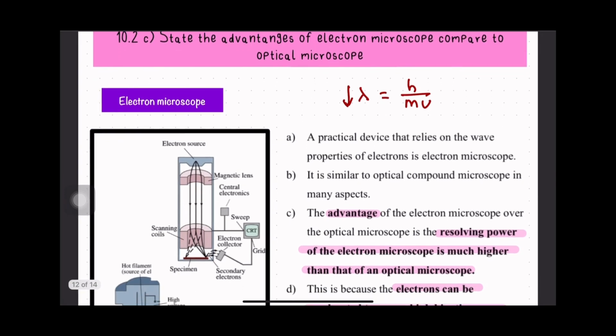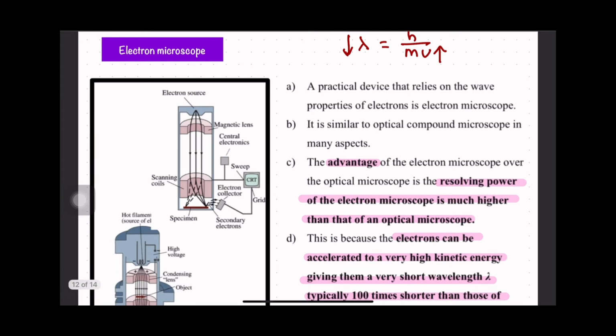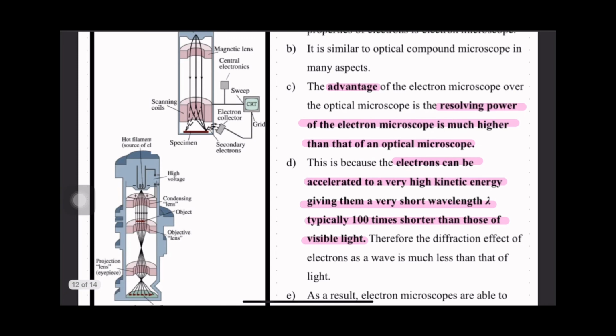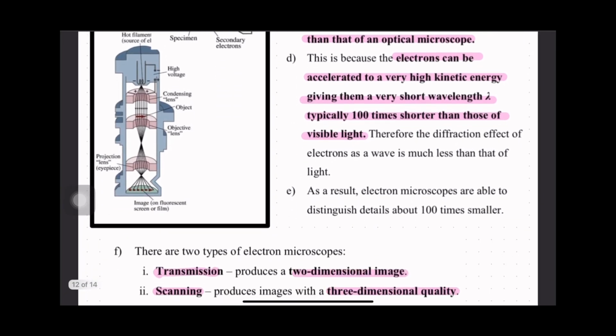So untuk dapatkan shorter wavelength, velocity you kena tinggi. Okay, you kena tinggi. Jadi dekat sini dah terbukti lah di mana bila velocity ataupun kita beam with the strike with the velocity yang lebih tinggi from electron, so kita punya wavelength akan lebih rendah. Jadi bila rendah, resolving power akan semakin tinggi, and then you boleh tengok specimen typically 100 times lagi dekat lah compare the optical microscope. Okay, as a result, electron microscopes are able to distinguish details about 100 times smaller.